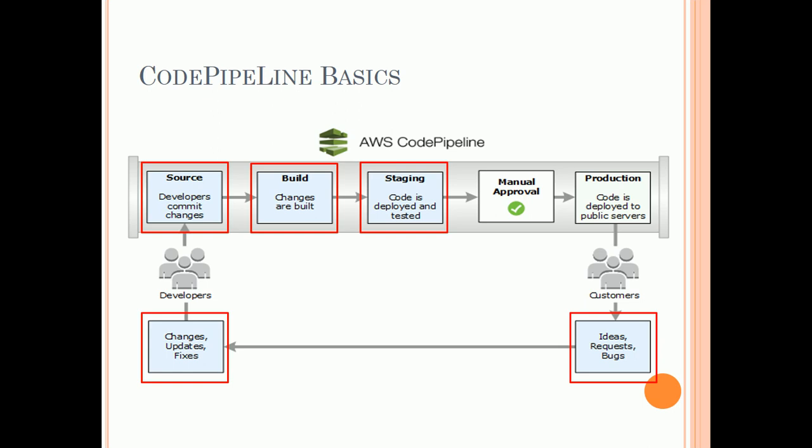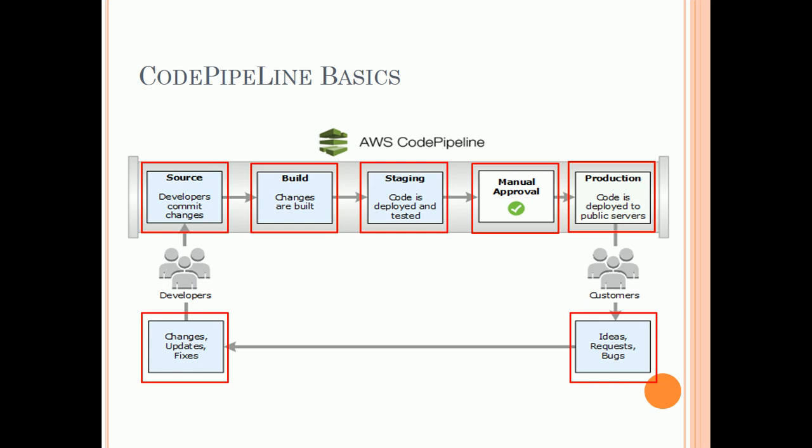From the staging server, AWS Code Pipeline runs additional tests such as integration or load tests. Upon the successful completion of those tests and after the manual approval action that was added to the pipeline is approved, AWS Code Pipeline deploys the tested and approved code to the production instances.